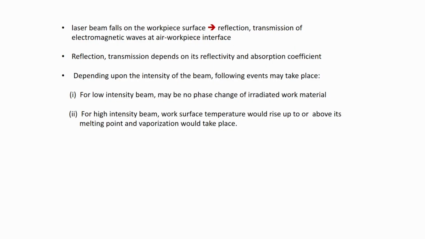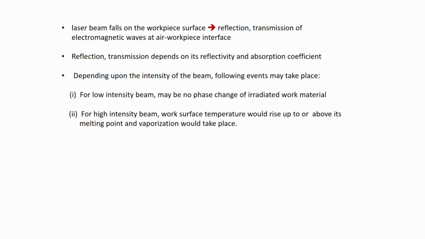Low energy density can be used for welding purposes. The laser beam density can be in the range of 1.5 × 10^4 to 1.5 × 10^5 watt per centimeter square, which is lesser than for cutting operation.